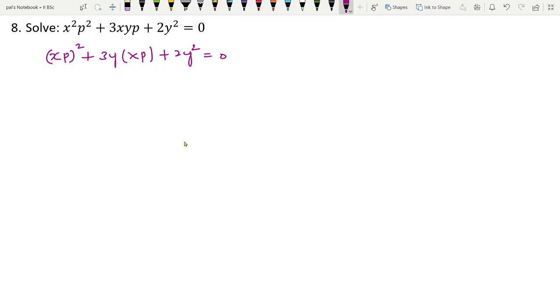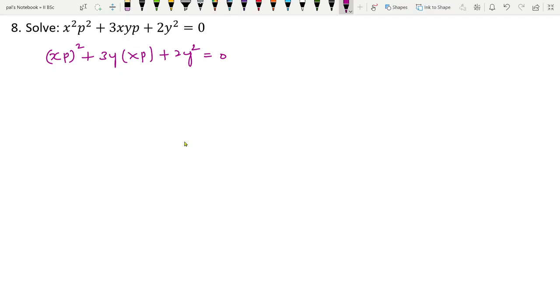So it looks like a quadratic equation, with xp in place of x, if you assume it is in the form of ax square plus bx plus c.